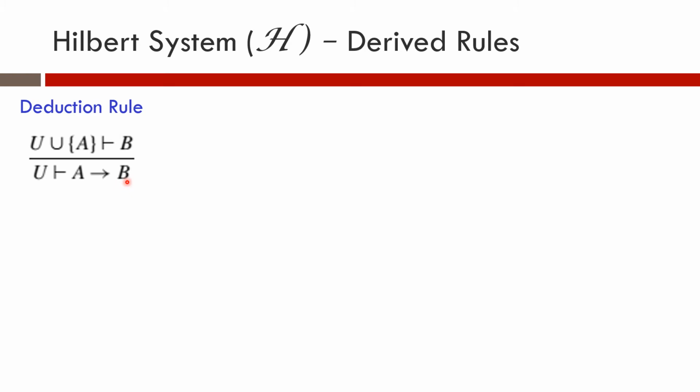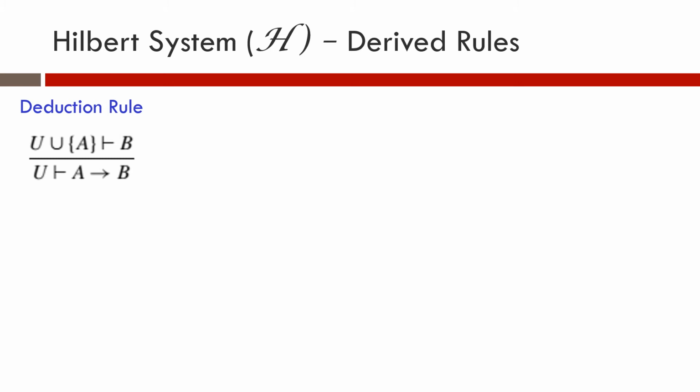Always we will be using this in proofs. For any formula in this set of assumptions, we can bring it to the right side, and we can say that A implies B is provable with this set of formulas in U.